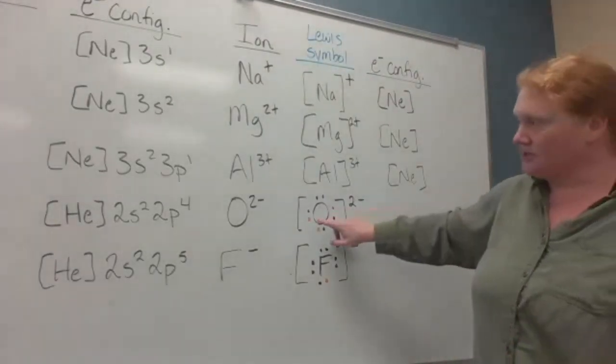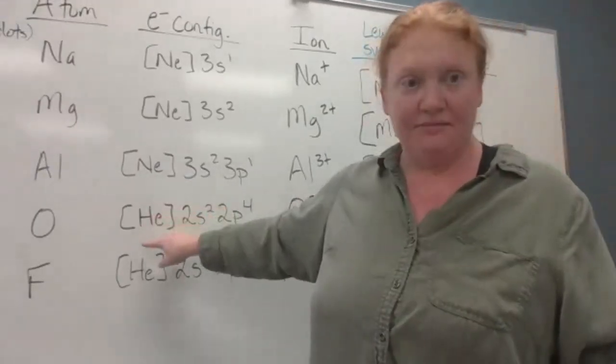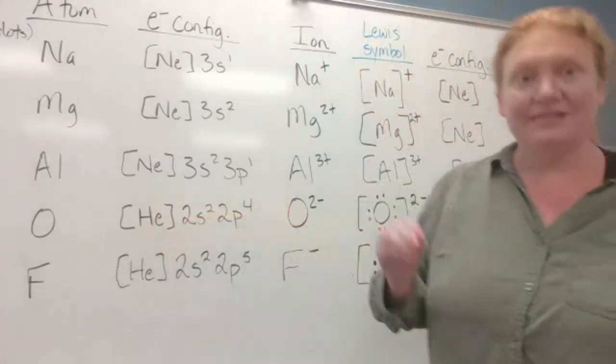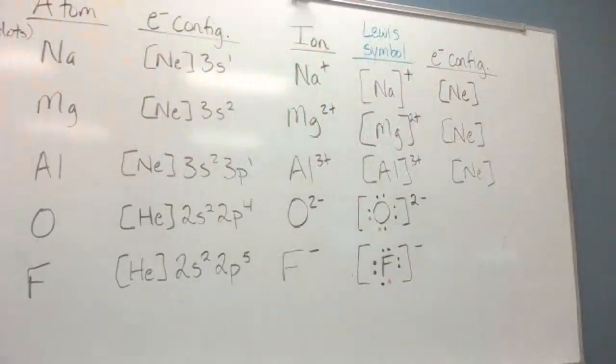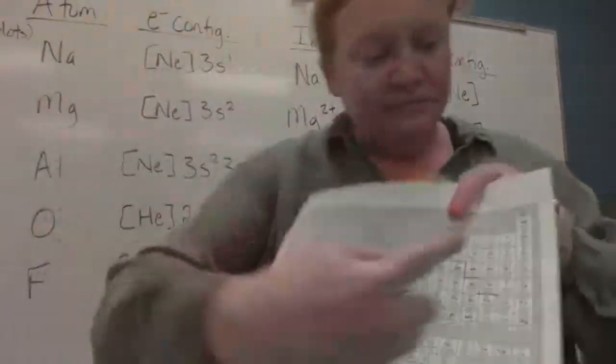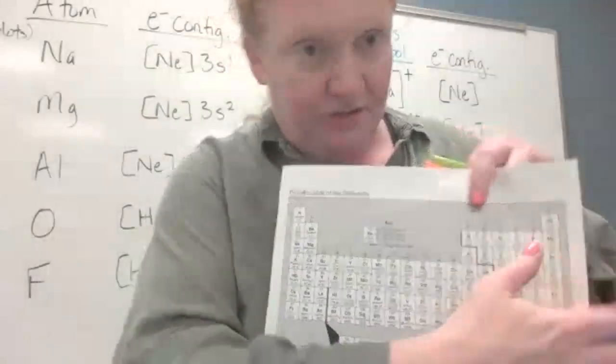What is this down here? Oxygen. It was, using our shortcut, helium and then these two. But when it gained those 2 electrons, what noble gas did it become like? There's my oxygen. It gained 2 electrons.